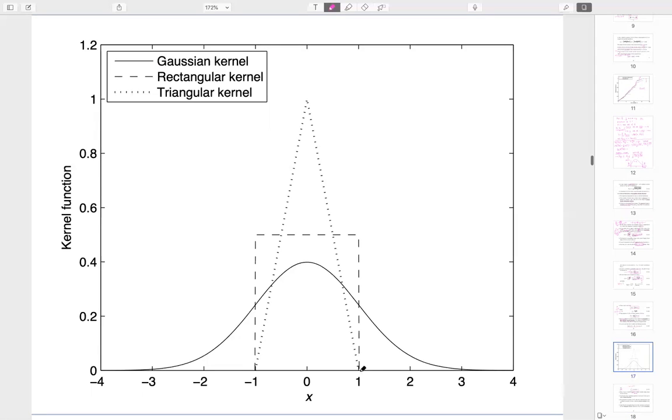Okay, the difference, as you can see from the triangular kernel and the rectangle kernel, is that for a rectangle you put equal, well, not exactly equal, but the equal value of density. But for triangular, it has the same taste as Gaussian, right?